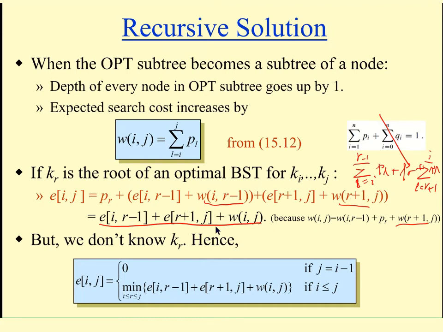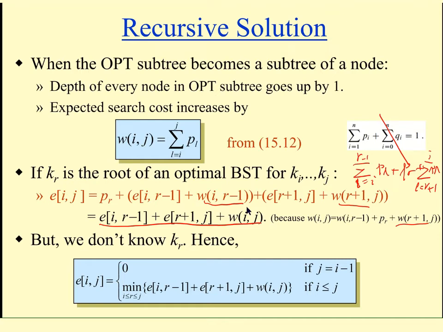So once we decide r, the root, then the optimal solution for the original problem can be calculated by the addition of the two sub-problems' answers plus the w(i, j).